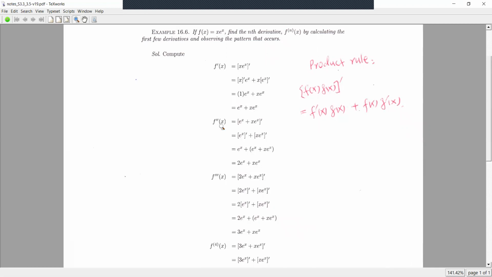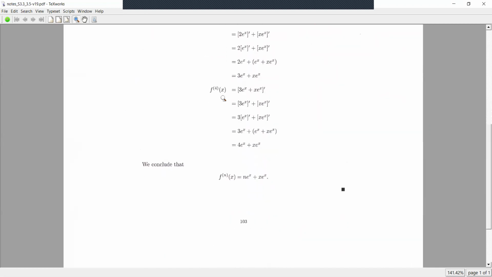The second derivative is 2e to the x plus xe to the x. The third derivative is 3e to the x plus xe to the x. The fourth derivative is 4e to the x plus xe to the x. So we conclude that the nth derivative is ne to the x plus xe to the x.